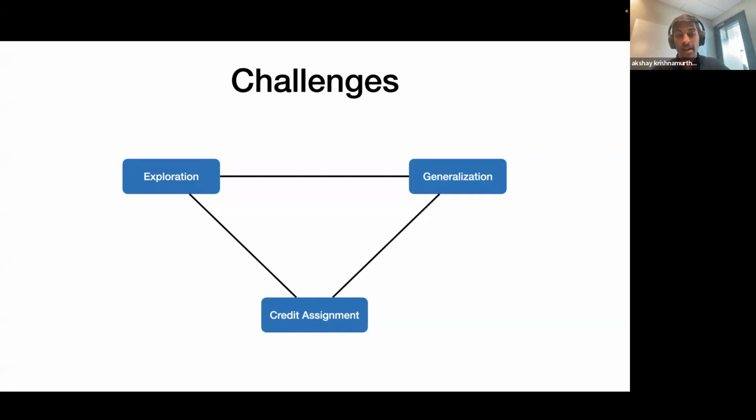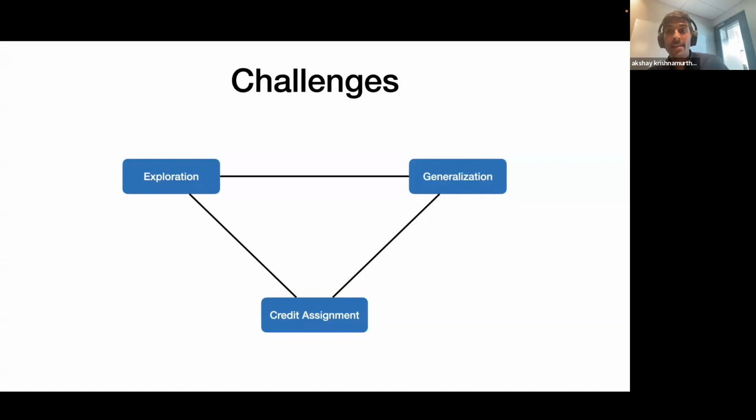The last challenge is credit assignment. This one is about what happens when you make a long sequence of decisions and you observe some outcome. How do you decide which decisions were good or which decisions were bad or which decisions actually contributed to that outcome? Even as a human, if you are trying to solve a Rubik's Cube for the first time, you're going to do many things that are wrong or useless.